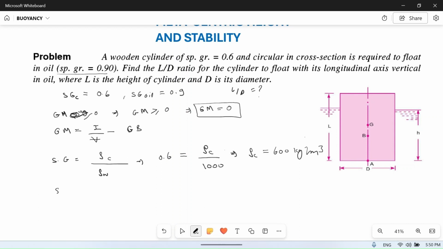Similarly, specific gravity of oil is equal to the density of oil divided by the density of water. So 0.9 is equal to density of oil divided by 1000. So the density of oil is equal to 900 kg per meter cube. So we have found these densities.